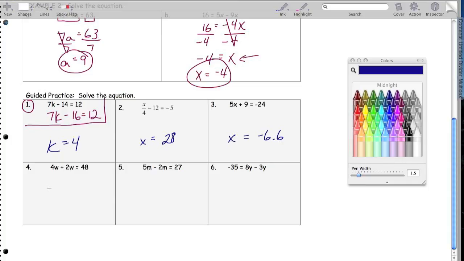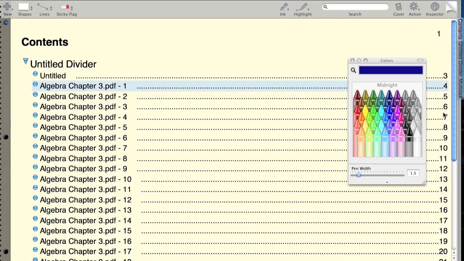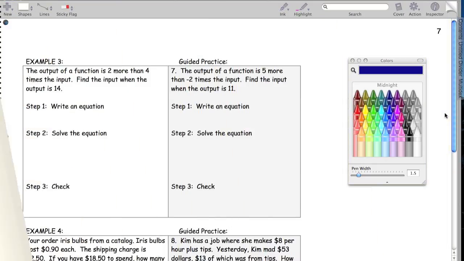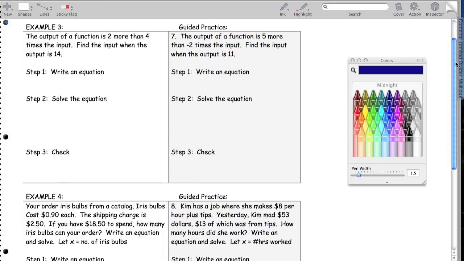Number 4, you're going to find that w is equal to 8. Number 5, m is equal to 9. And number 6, you're going to get y equal to negative 7. Okay? If you need to look over any of those, please do check them out to make sure you understand what it was that you missed, if you missed anything.